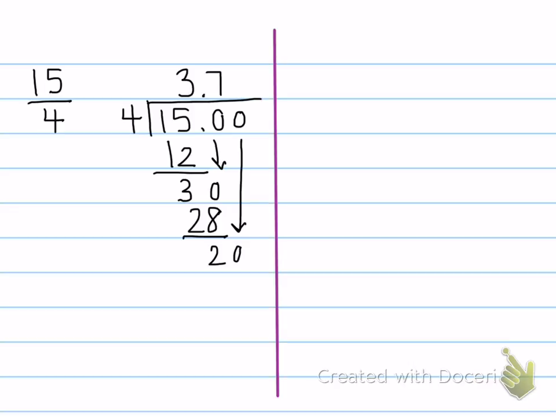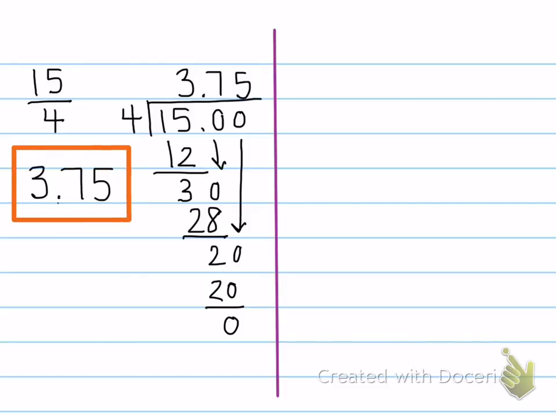That's 20. 4 goes into 20 5 times. 5 times 4 is 20. And I have 0. So I do have a terminating decimal. So I know that 15/4 is 3.75.